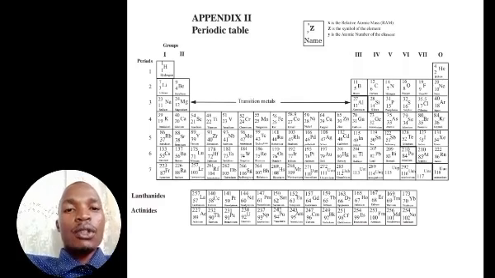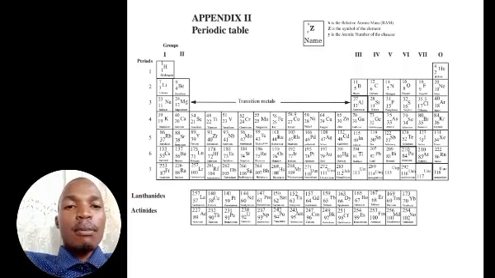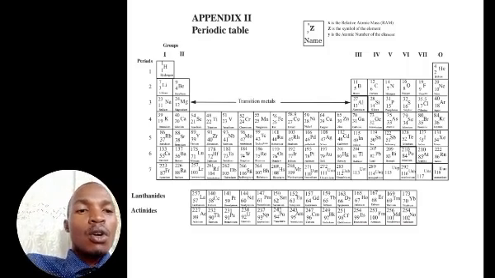Down there we have the lanthanides and actinides. These are the heavy elements, that is from atomic number 57 to 70, and also from atomic number 89 to 102.